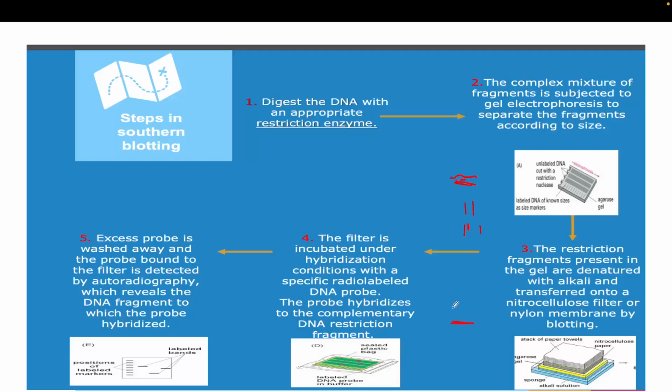So there is a gel, and above this gel there should be the blotting membrane, and to make the packaging very tight, you have to add additional sheets on the upper side as well as the lower side of this gel. Then the apparatus will be very tight and there will be no air gaps.